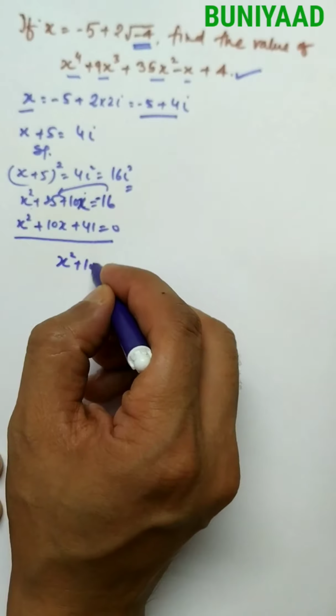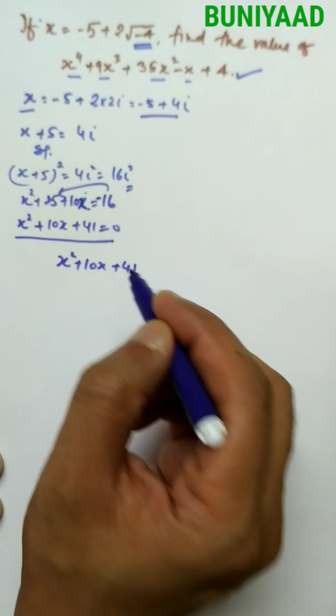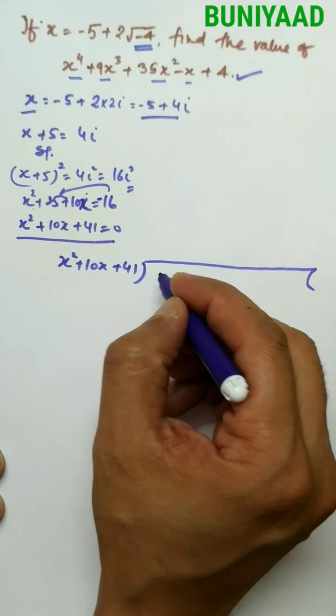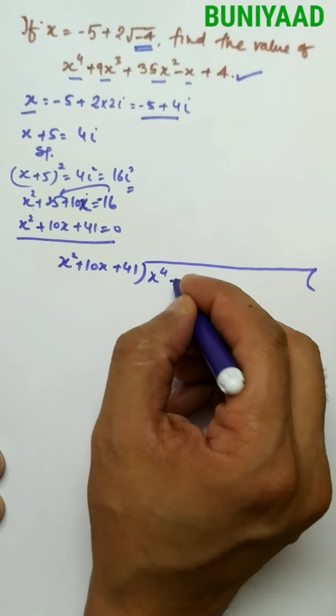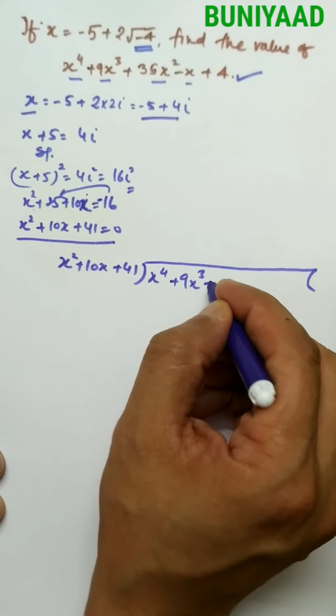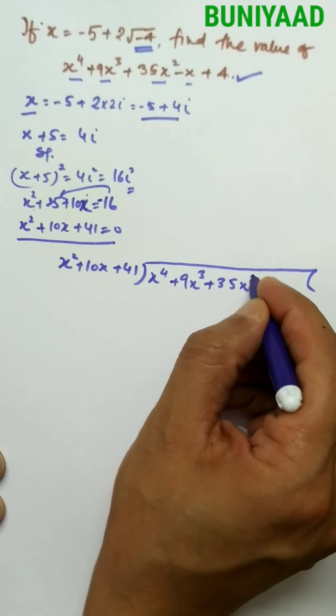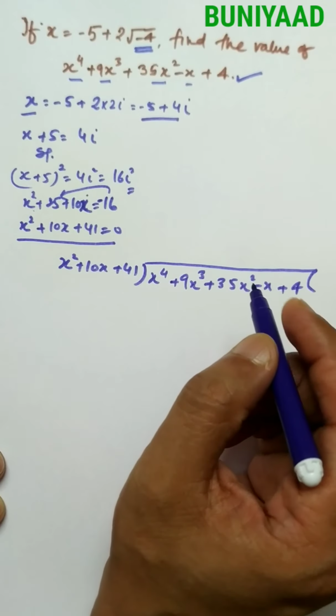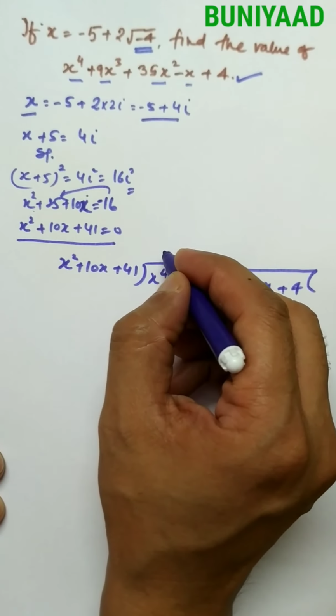Just divide this term x square plus 10x plus 41 into this term, that is x to the power 4 plus 9x cube plus 35x square minus x plus 4. Okay, you know how to do the long division.